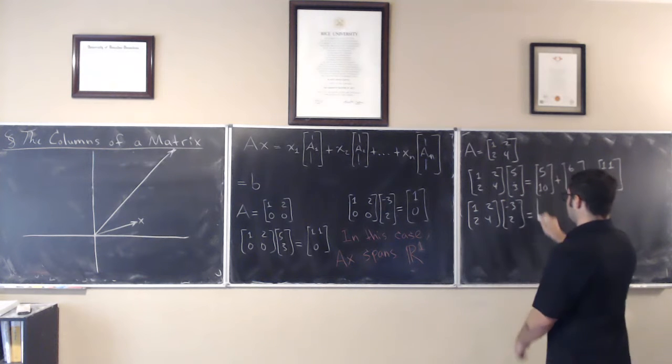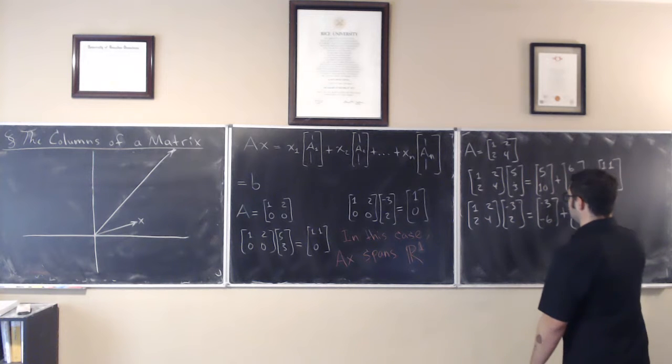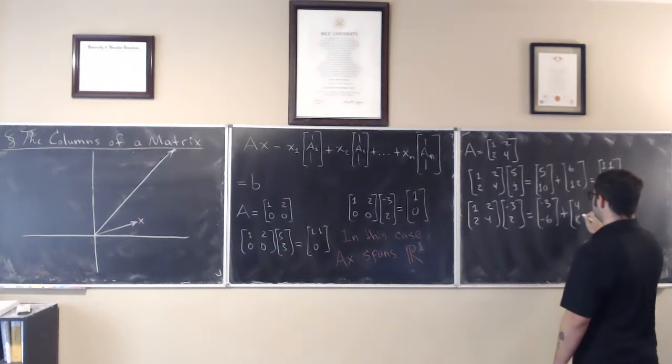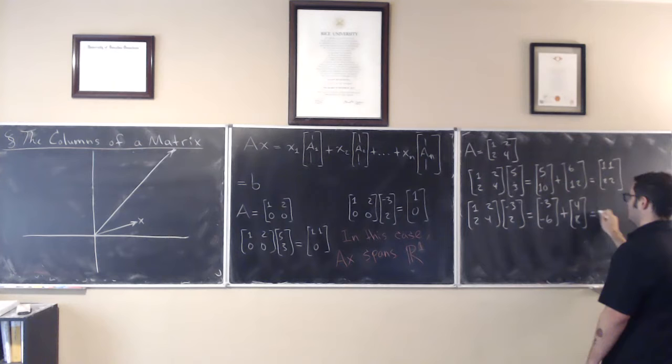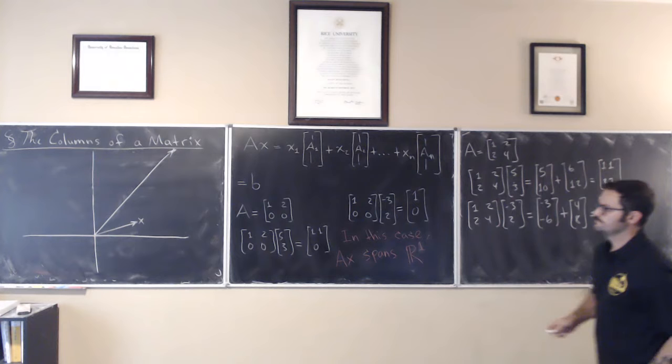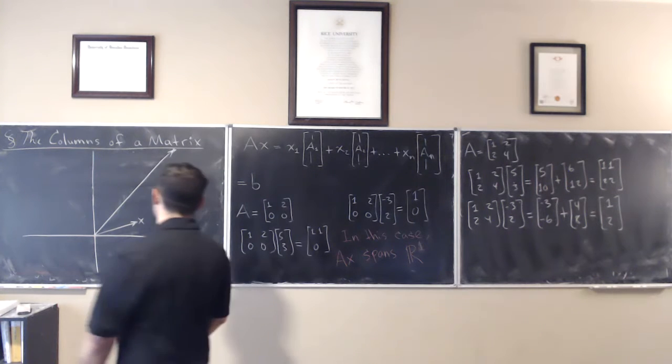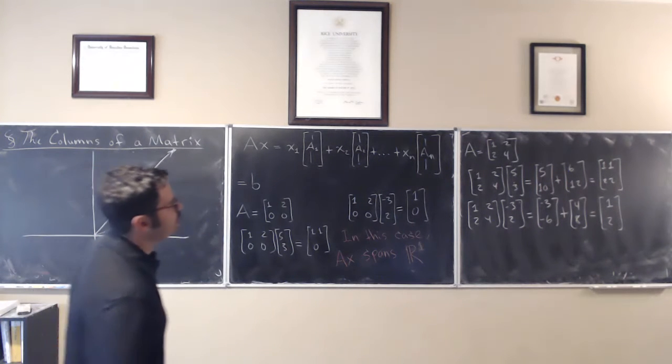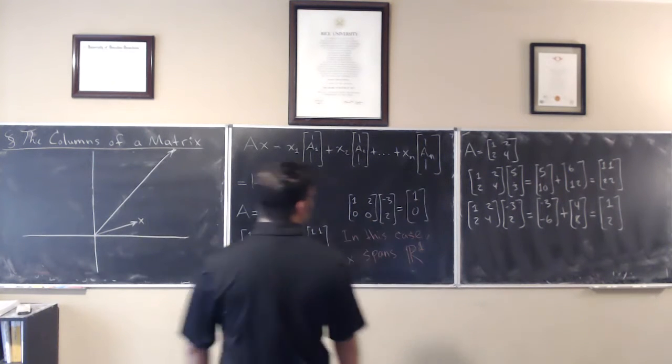What about when we multiply -3, 2? So this is -3, -6 plus 4, 8. So this is going to be 1, 2. Yeah, 1, 2.